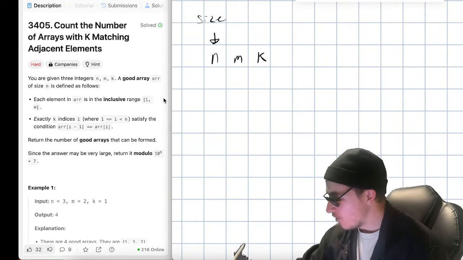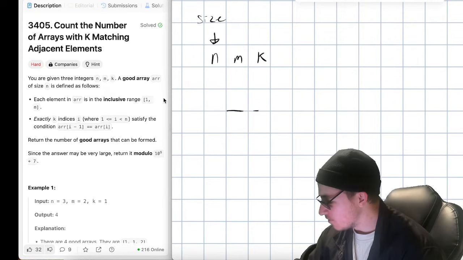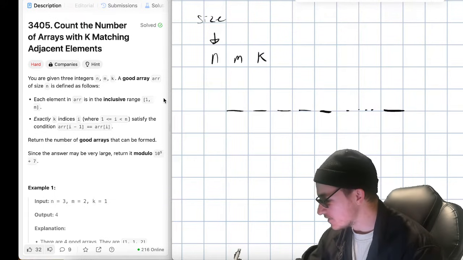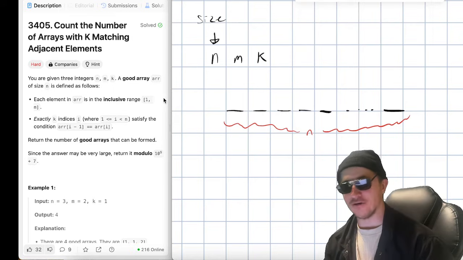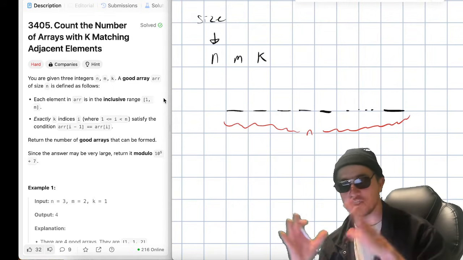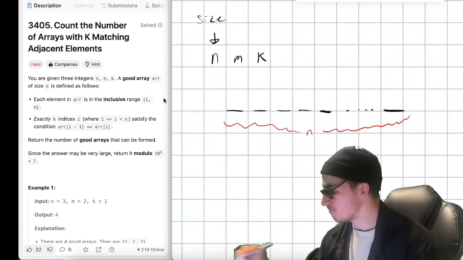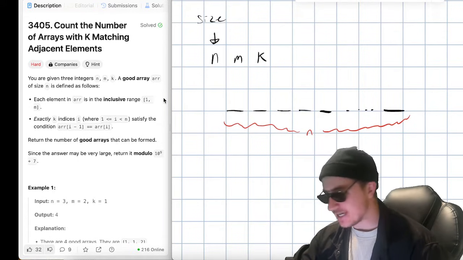Okay, so we have this array of size n. So there's all of these. So there's n elements. Now, if you've taken discrete math or some advanced statistics class, right, it's a common way that we formulate what we're writing just to try to get us a general idea of what's the structure of this array, what does it look like in a very general sense. Okay, and then it said from size 1 to m.